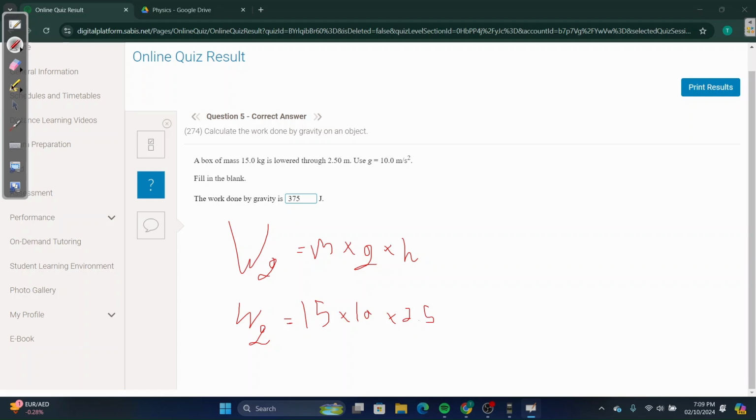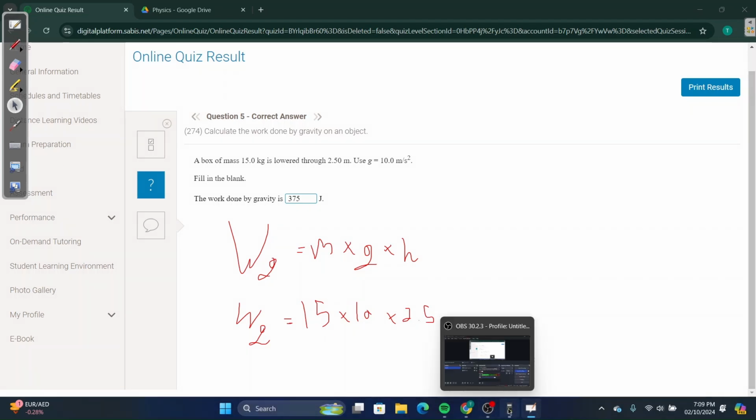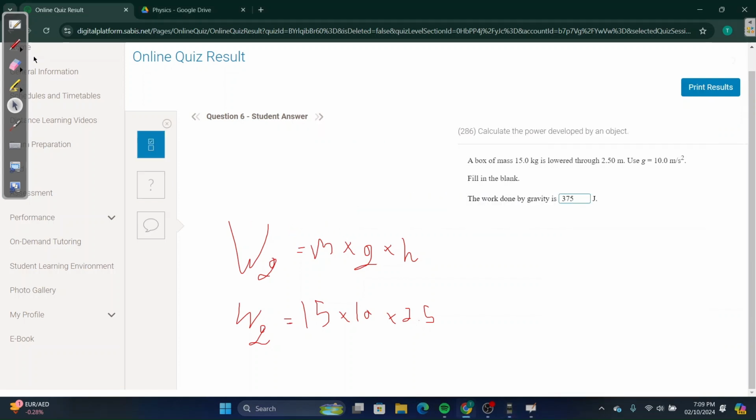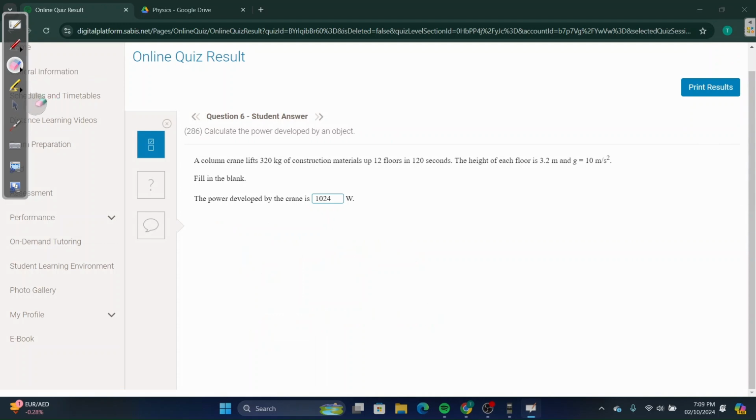So 15 times 10 is 150, times 2.5, which will hopefully be 375. So 375 is our answer. Moving on. By the way, I'm being quick because you want me to be quick. I'm listening to your feedback. If you want me to be slow and explain in more detail, just tell me and I'll go back to explaining more.